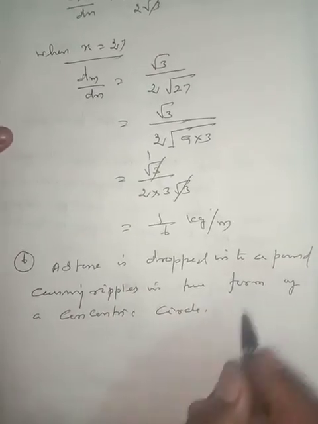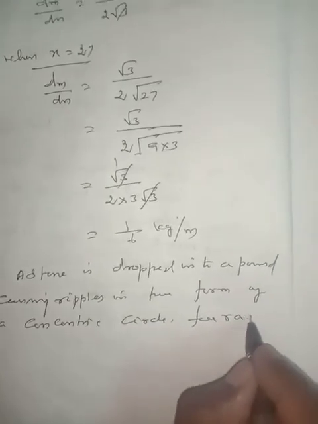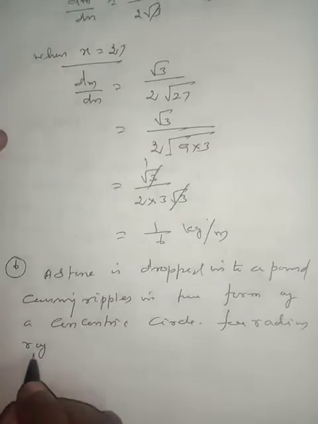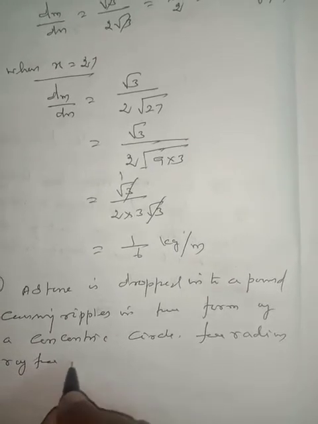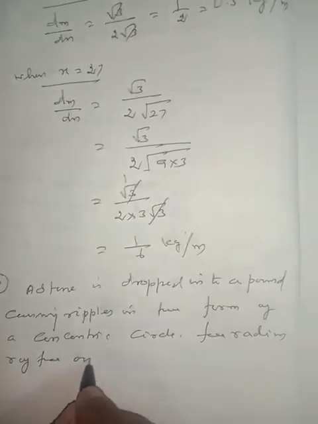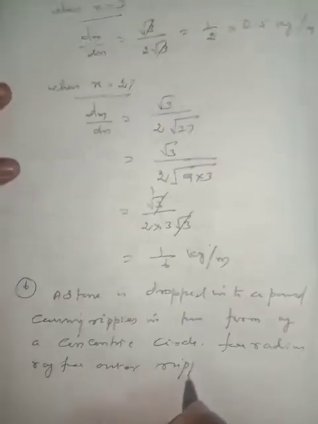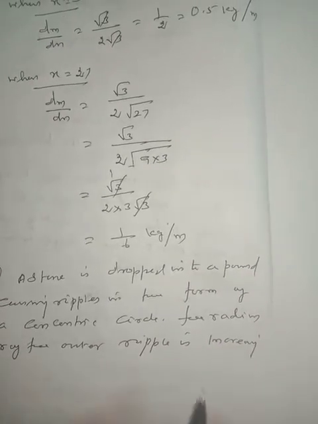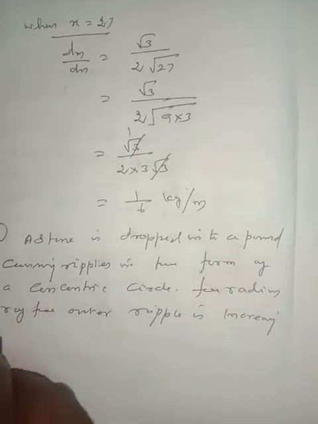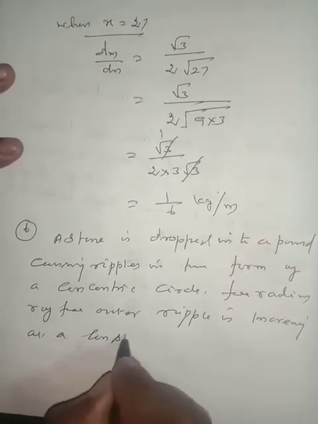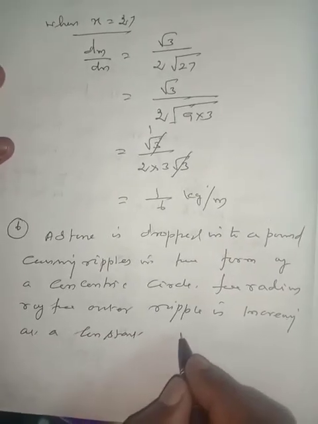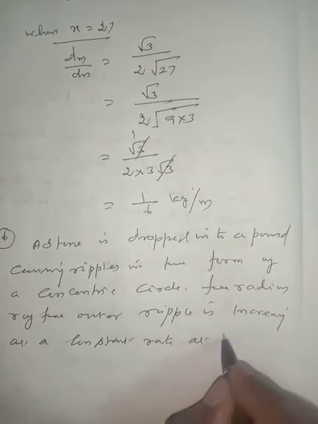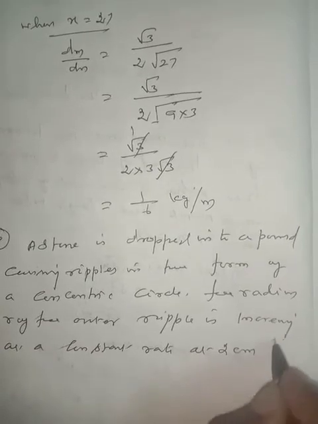The radius r of the outer ripple is increasing at a constant rate of 2 centimeters per second.